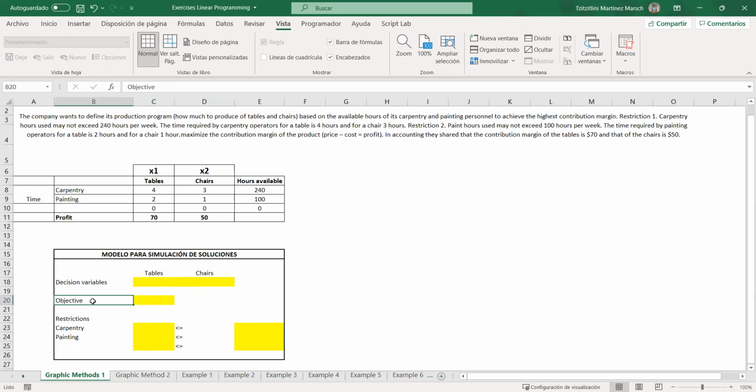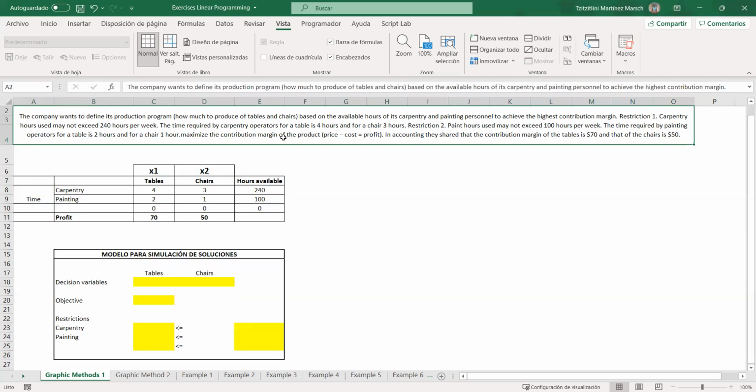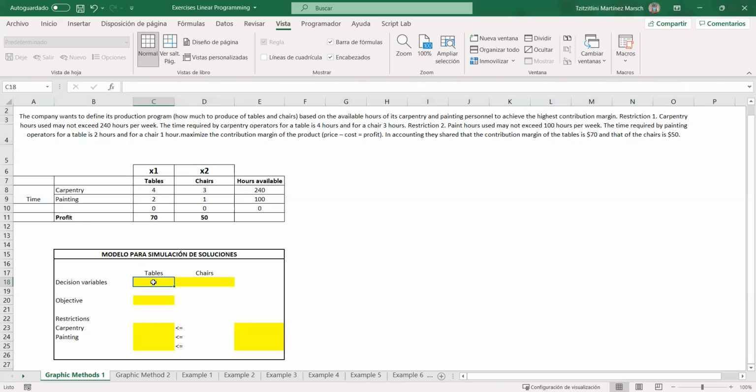Okay, then we have our objective. What is our objective? It is very clear: to maximize the contribution margin of the product. We don't know how many tables and chairs it's going to be, but we do know how much we can gain from making tables and chairs. So we're going to make our formula.